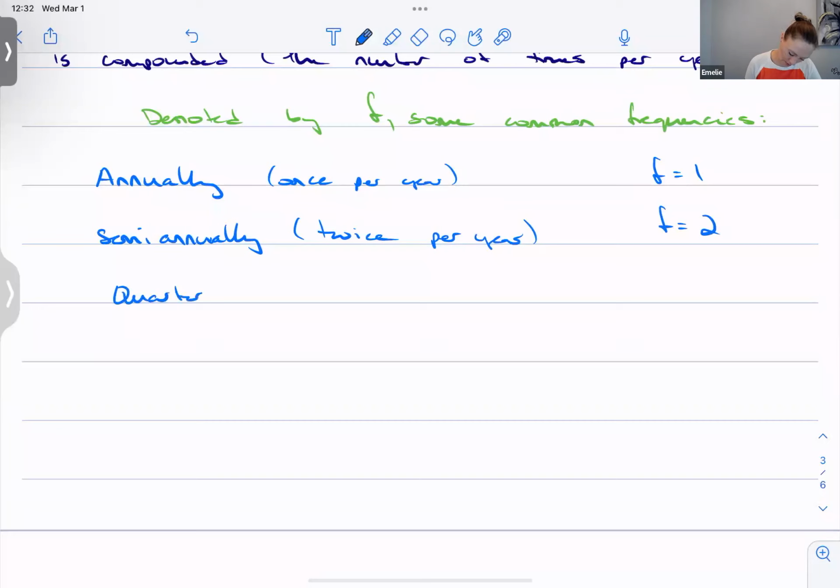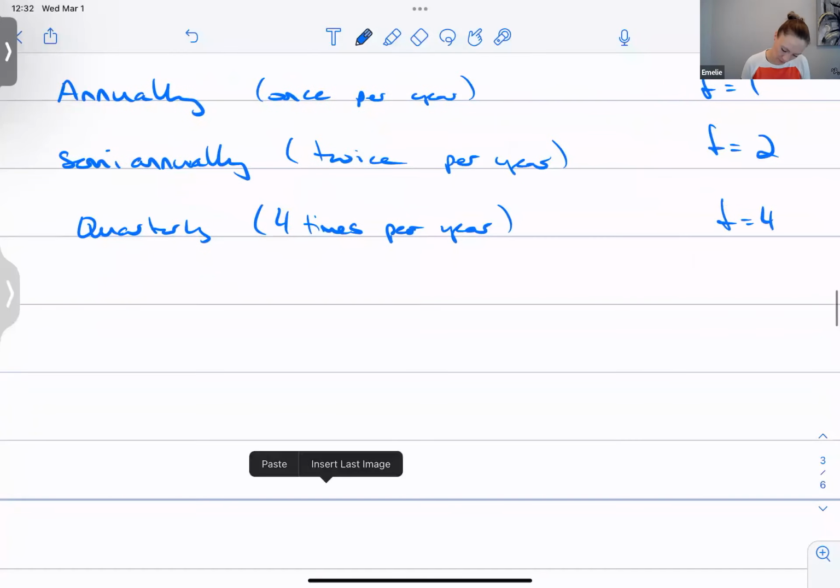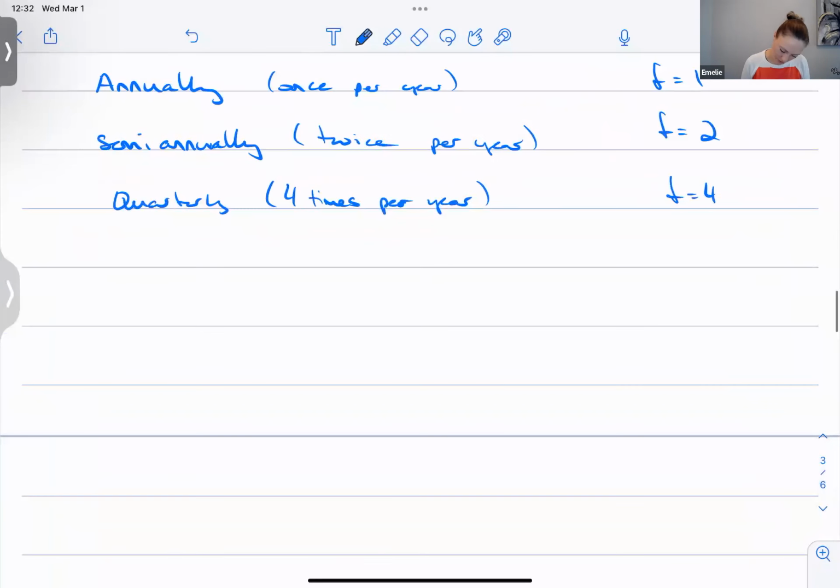Quarterly is 4 times per year, so F is 4. Monthly, 12 times per year. F is 12.